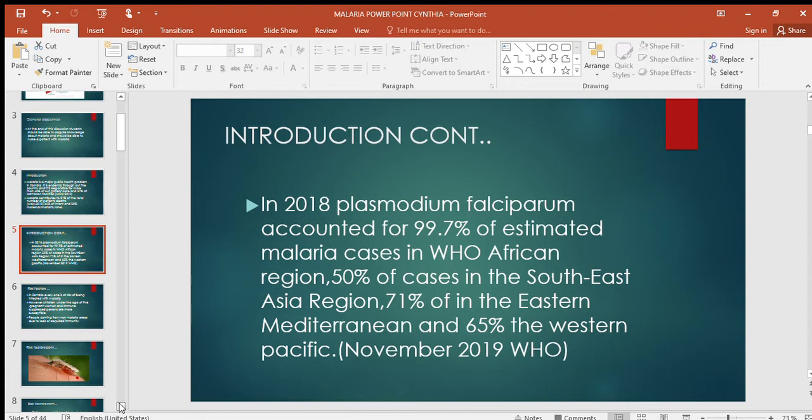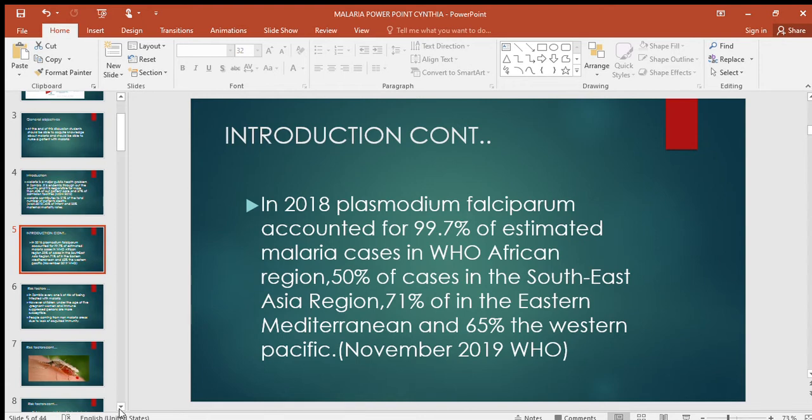In 2019, Plasmodium falciparum accounted for 99.7% of estimated malaria cases in the World Health Organization African region, 50% of cases in the South-East Asia region, 71% in the Eastern Mediterranean, and 65% in the Western Pacific.